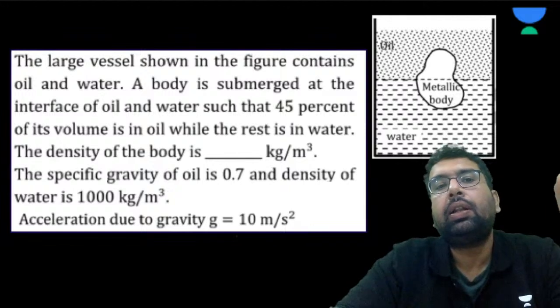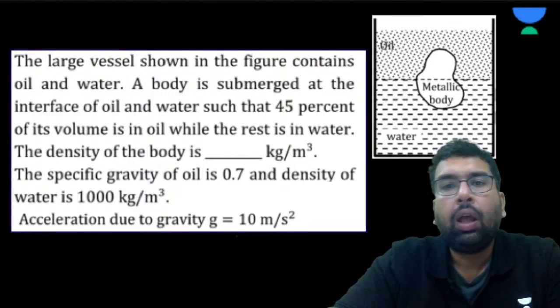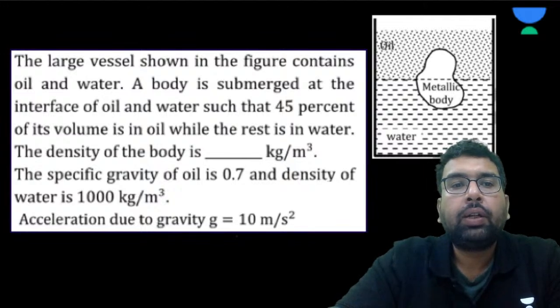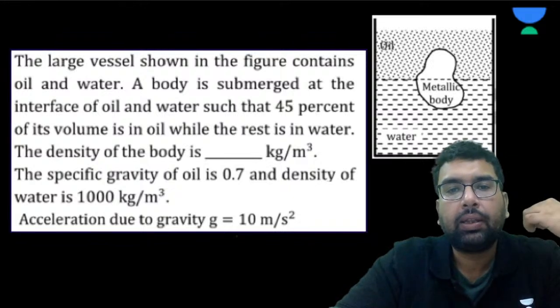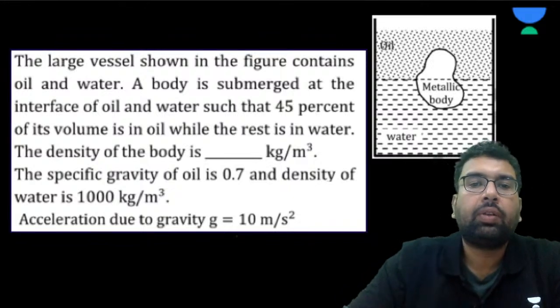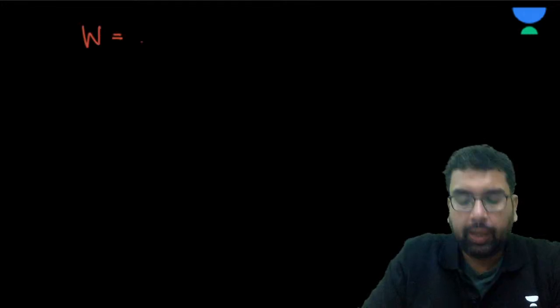See how we can do it. It says the large vessel shown in the figure contains oil and water. A body is submerged at the interface of oil and water such that 40% of its volume is in oil while the rest is in water. We have to find the density of the body.